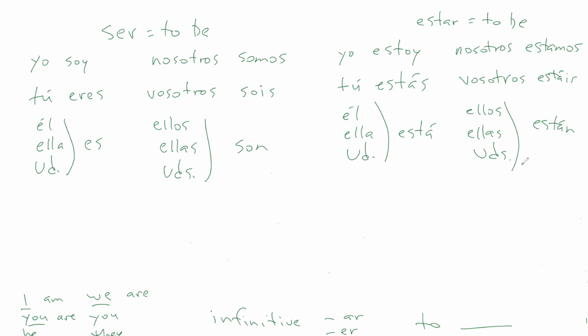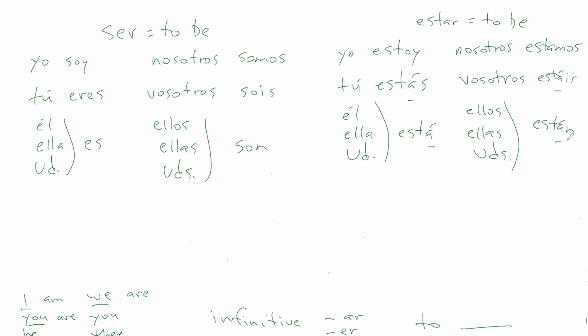Okay? So estar is a little easier than ser. It's got a little bit of a pattern to it. Estoy, estás, está, estamos, estáis, están. And pay attention, we've got some written accents on our A's on some of those forms. Okay? All right, so that is how to conjugate ser and estar.